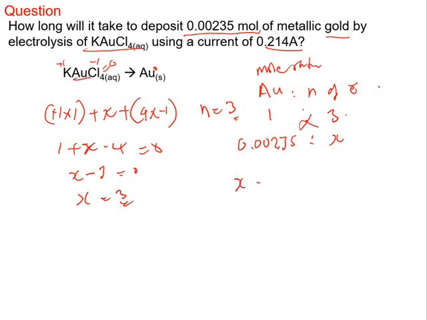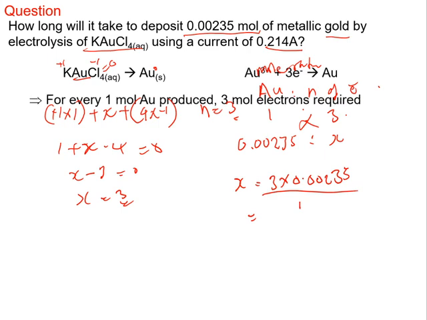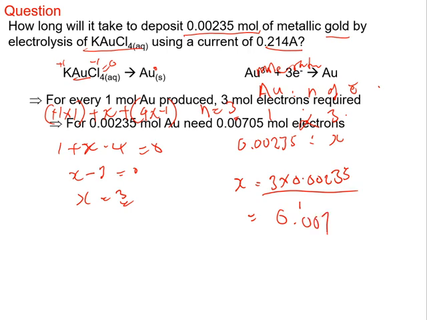So x is equal to 3 times 0.00235, divided by 1, and our answer is 0.00705 moles.